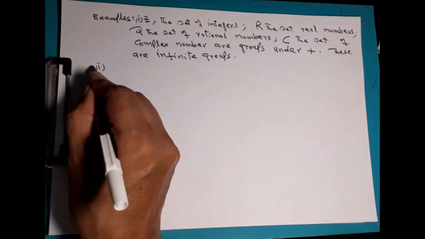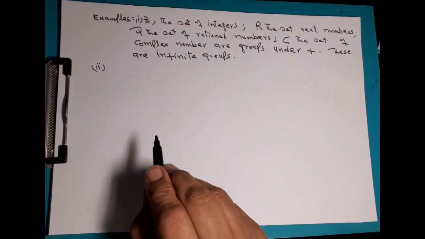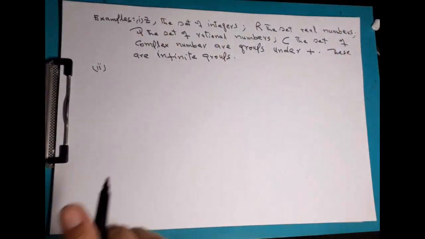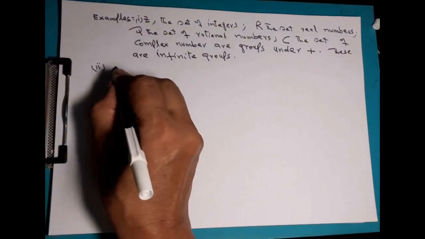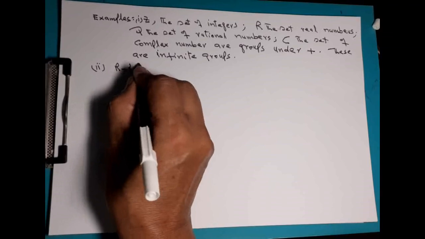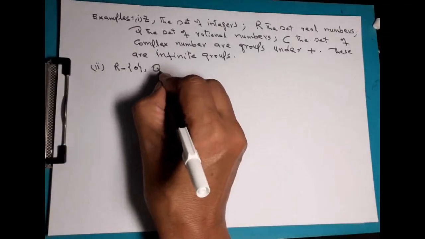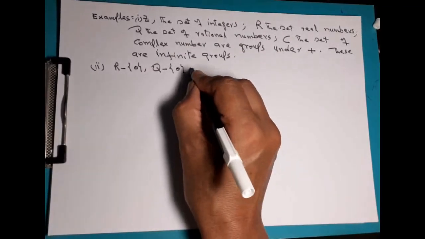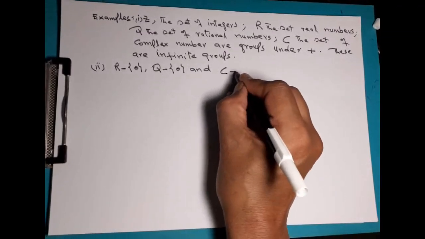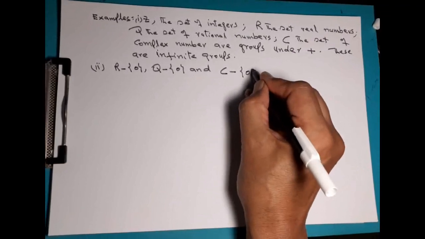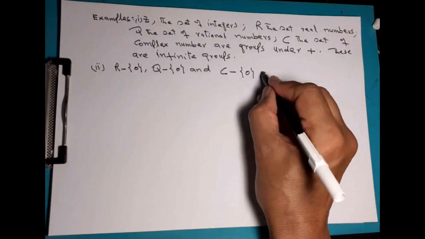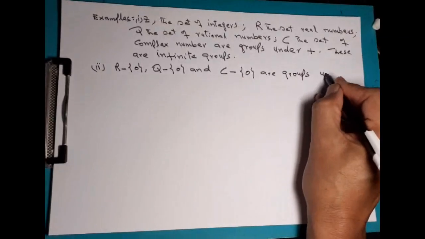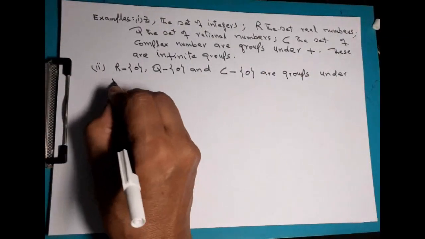Secondly, if we remove 0 from the set of real numbers, or we remove 0 from the set of rational numbers, or we remove 0, meaning 0 plus iota 0, from the set of complex numbers, then these are also groups under the binary operation multiplication.